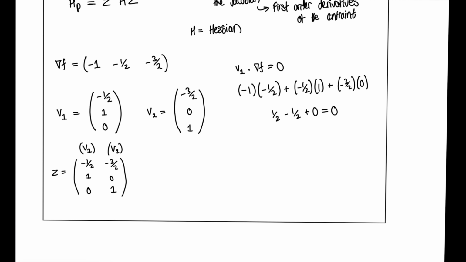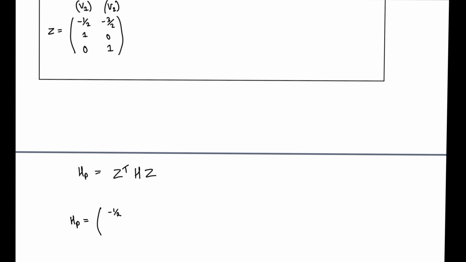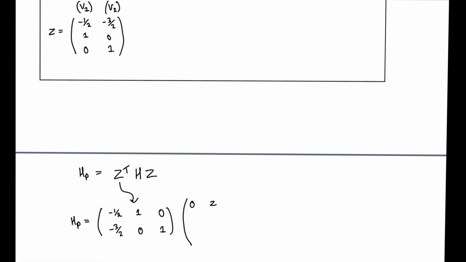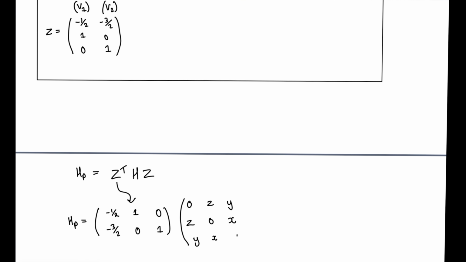Now, if I work out the transpose of Z multiplied by H multiplied by Z, we have -1/2, 1, 0, and then -3/2, 0, 1 as Z transpose. Our Hessian was 0, z, y, z, 0, x, and y, x, 0.